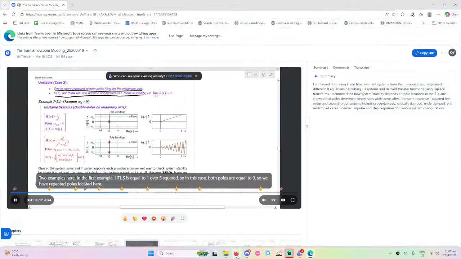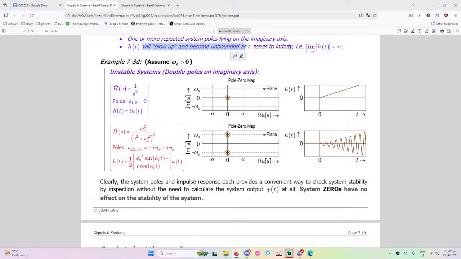So in this case, both poles are equal to 0. So we have repeated poles located here. So when you are plotting the pole-zero map, you have to indicate you have two poles here.